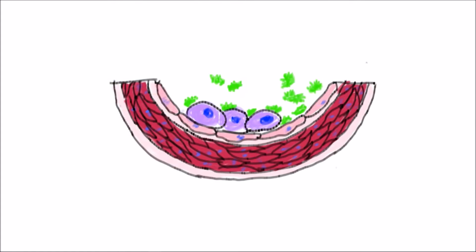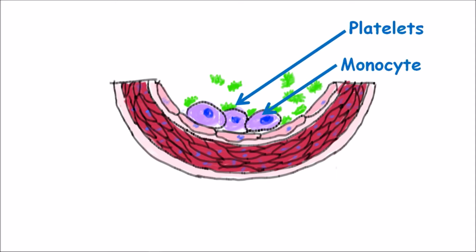Now, after the endothelium gets injured, there is accumulation of monocytes and platelets on the injured endothelium. This is because of expression of certain factors on the endothelium layer.